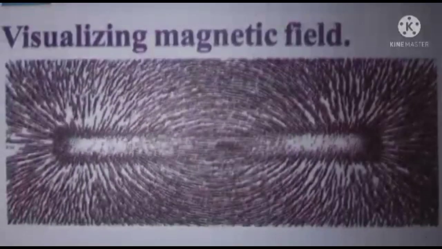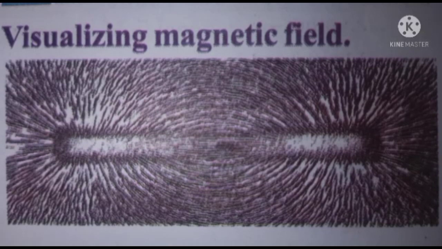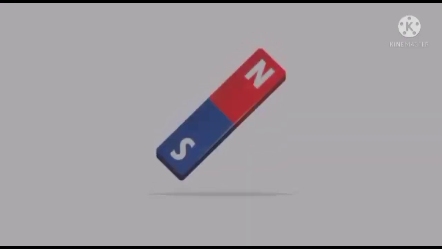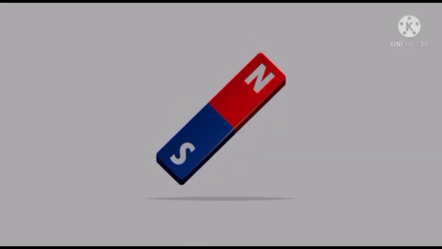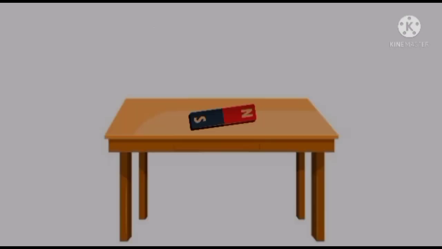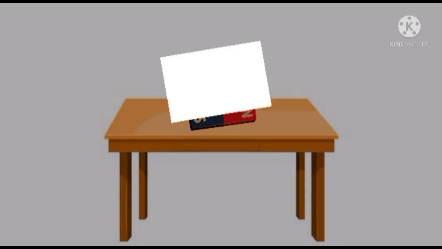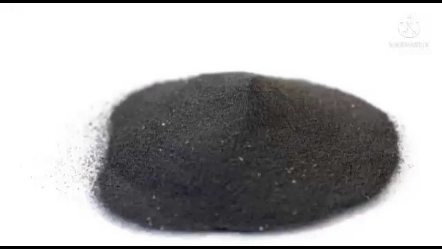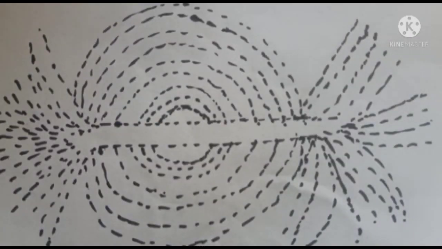Concept of field. I will explain with an activity. Visualizing magnetic field. Children, observe here. I take a bar magnet, put it on a table. I take a white drawing sheet, place it over the bar magnet. Now take some iron filings and sprinkle them on the paper.